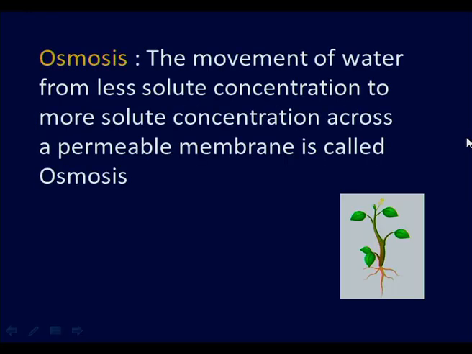Now, we will see what is osmosis. Osmosis is the movement of water from less solute concentration to more solute concentration across a permeable membrane. Let us do a simple activity to know about osmosis.